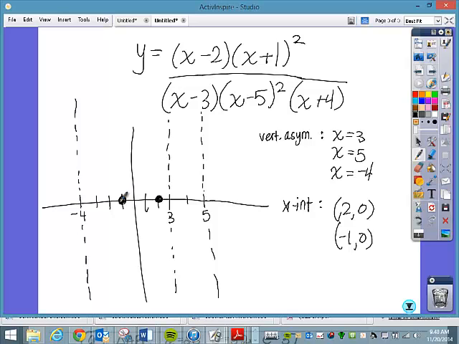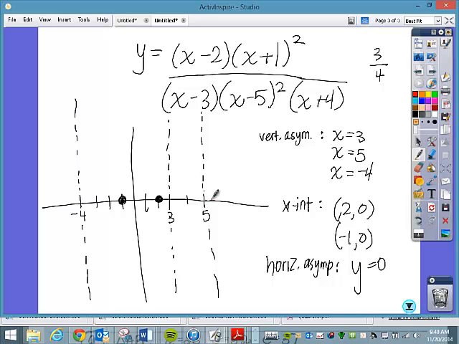Then I want to think, where do I have a horizontal asymptote? The degree of my numerator is 1, 2, 3. It's 3. The degree of my denominator is 1, 2, 3, 4. So the degree of my numerator is 3. The degree of my denominator is 4. The degree of my numerator is less than the degree of my denominator, so my horizontal asymptote is at y equals 0, my x-axis.